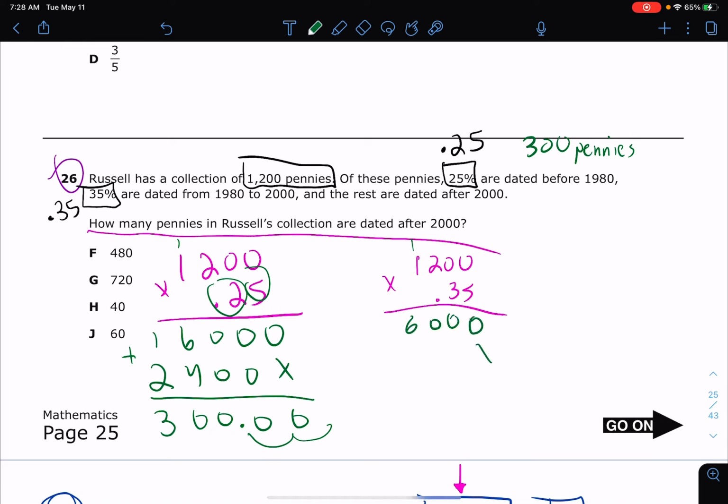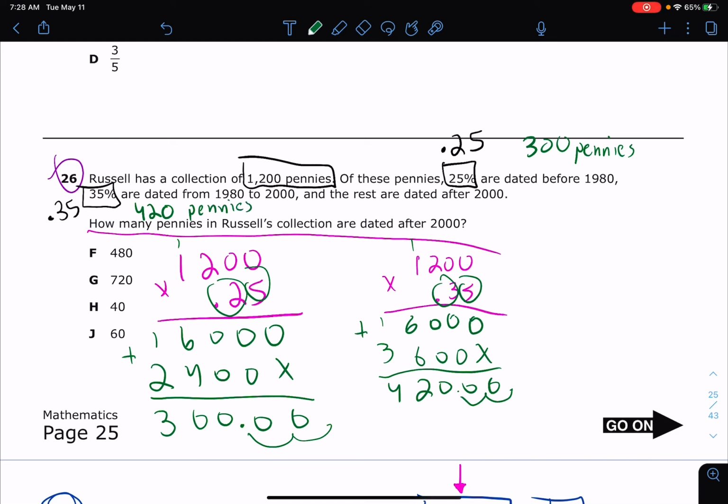And now I add, sumo. 1, 2, 1, 2. 420 pennies are from 1980 to 2000. ¿Cuántos son los restos? Lo que falta, all you do is just subtract. Nada más resten.